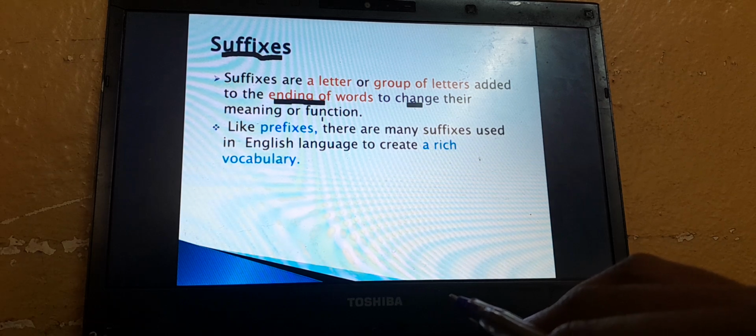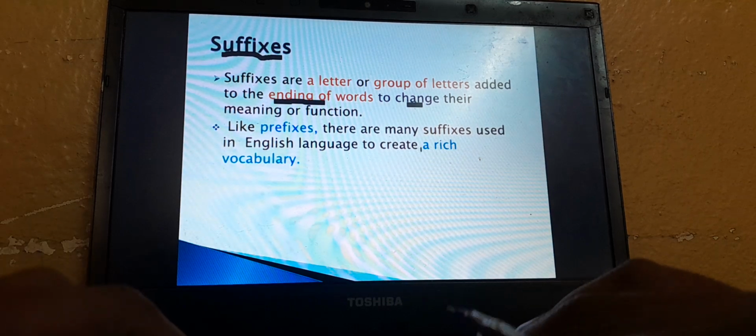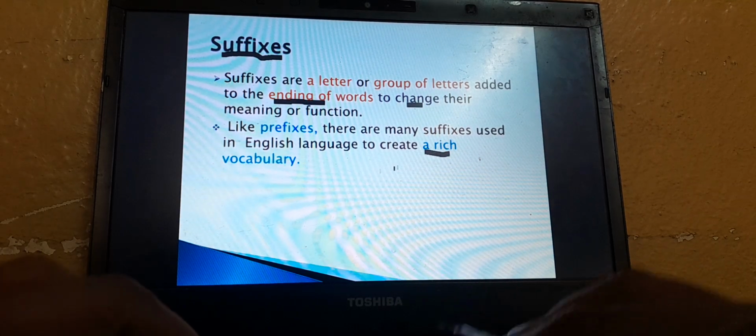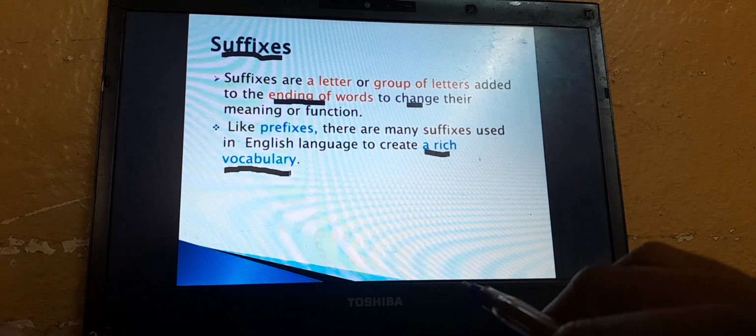Like prefixes, there are many suffixes used in the English language to create a rich vocabulary, which means knowing suffixes helps you to be rich in vocabulary. Vocabulary, on the other hand, is very important in order to express your ideas, your feelings, your emotions in English.